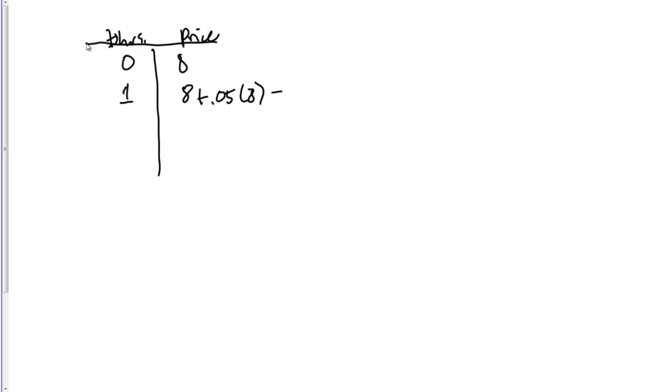So let's simplify this a little bit. We have 1 times 8 plus 0.05 times 8. We can factor out the 8. And what we're left with here is 1.05. In other words, we have 105% of the price that we had before, 105% of 8 in this case.